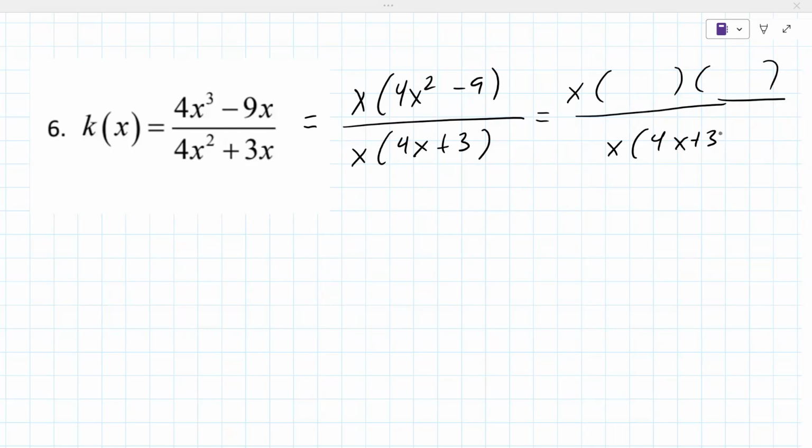It would become x times x minus 3, x plus 3. Well, that only gets you the x. You have to get the 4x. Oh, so yes, you have to put 4x minus 3, 4x plus 3. And that's the mistake. See, that's so that it cancels out with this.